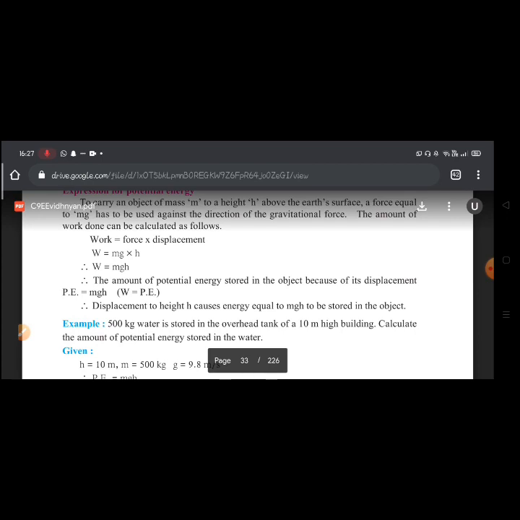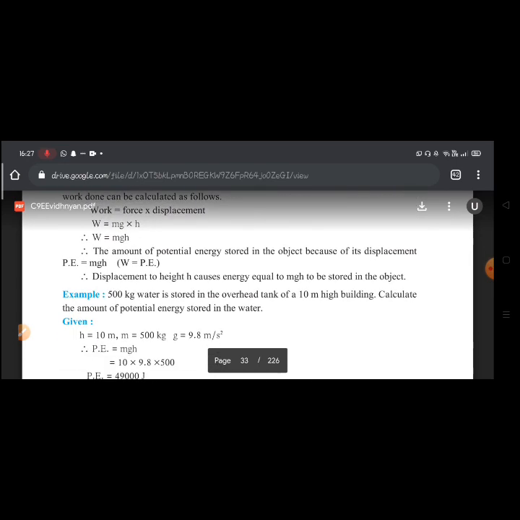Now let us see a beautiful and simple example related to the expression of potential energy. Consider 500 kg of water stored in the overhead tank of a 10-meter high building. Calculate the amount of potential energy stored in the water. This is as simple as it is given.